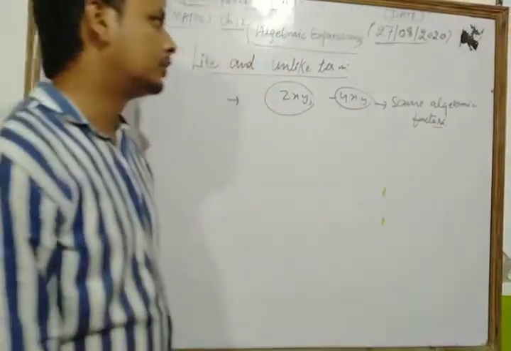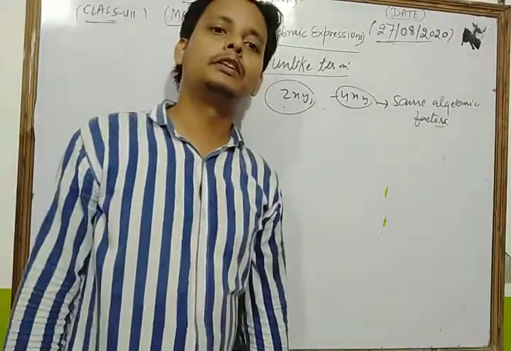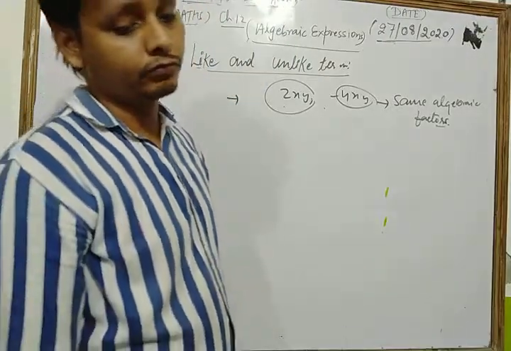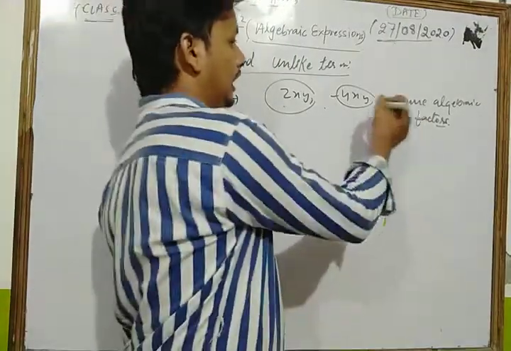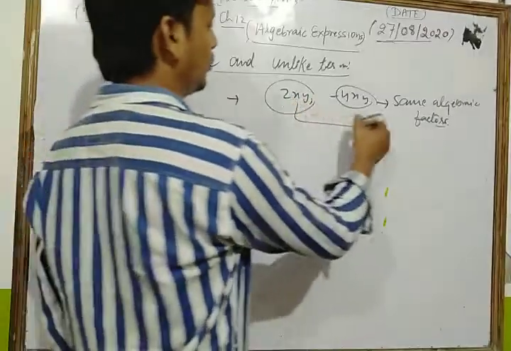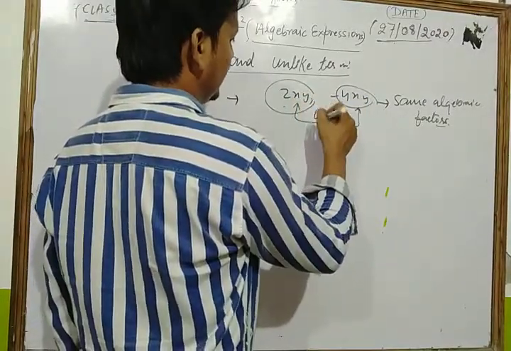If any terms have the same algebraic factors, then they are said to be like terms.